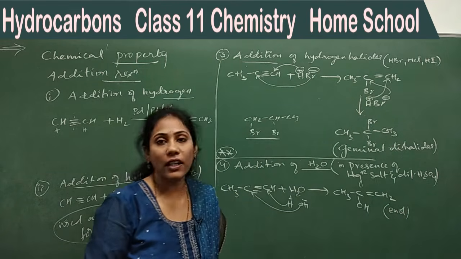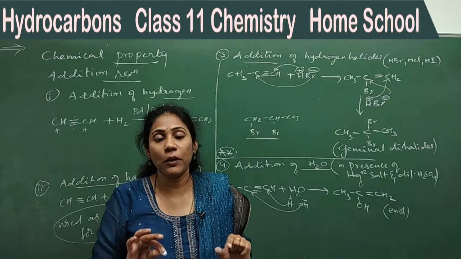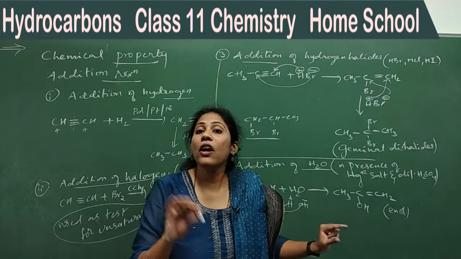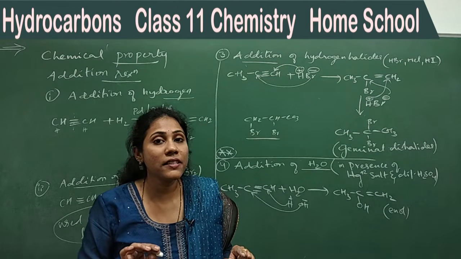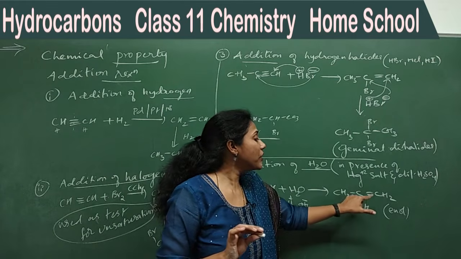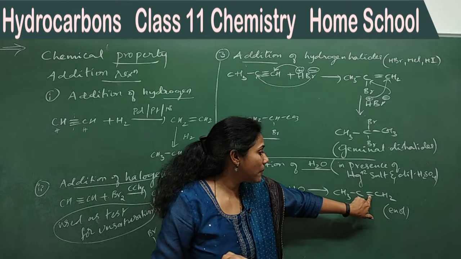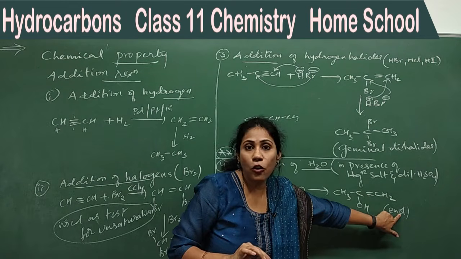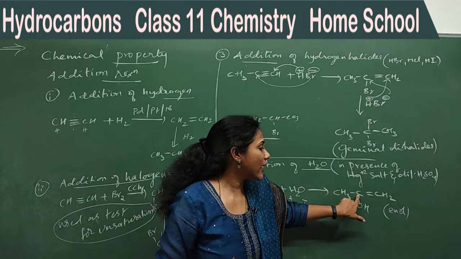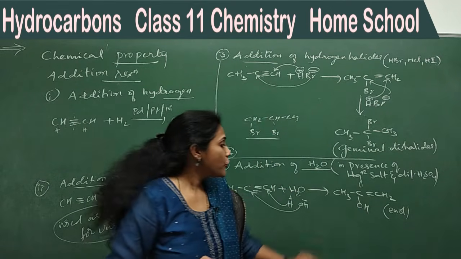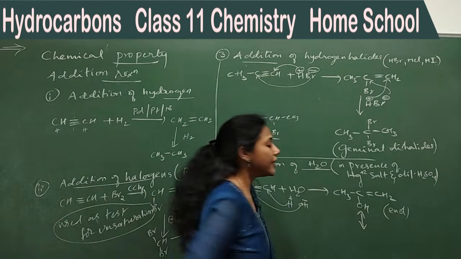This is called enol. An enol can be converted into the keto form always. Here keto-enol tautomerism takes place. So what do you mean by keto-enol tautomerism? It is a conversion of enol to keto. En means double bond, see, double bond is there, and ol in the sense of OH, alcoholic group. If OH is there on the double-bonded carbon, it is called enol. So this enol form will always get converted into the keto form.